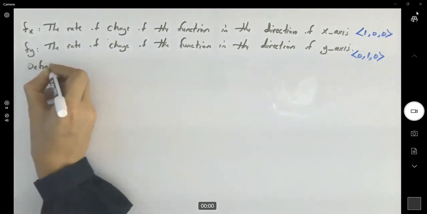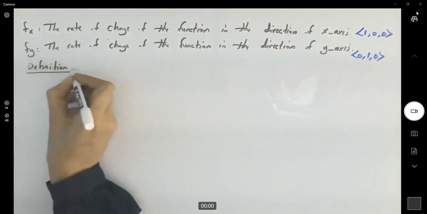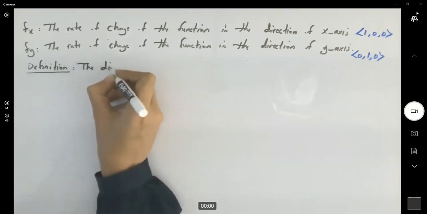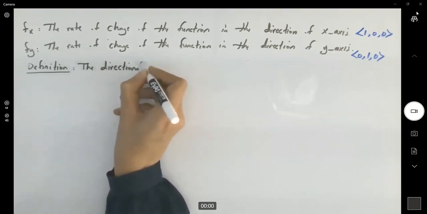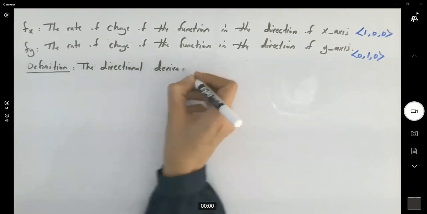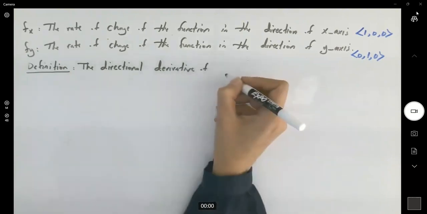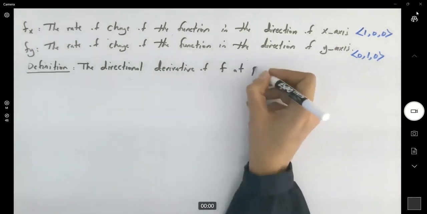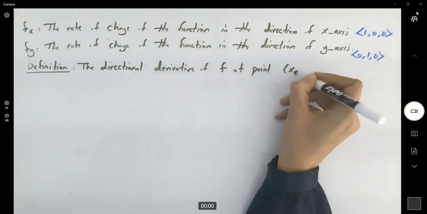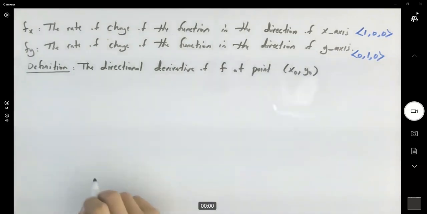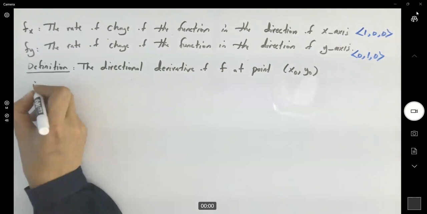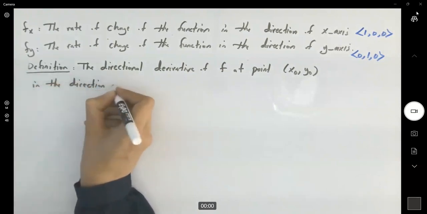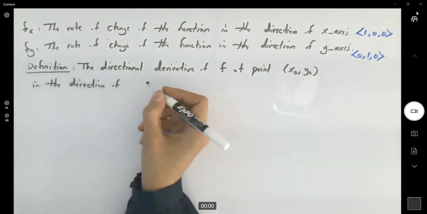Definition. The directional derivative of function f at a point like x sub 0, y sub 0 in the direction of, for example, a vector.